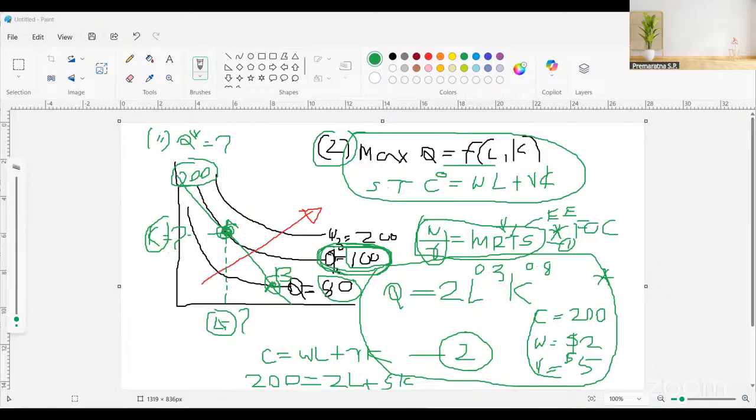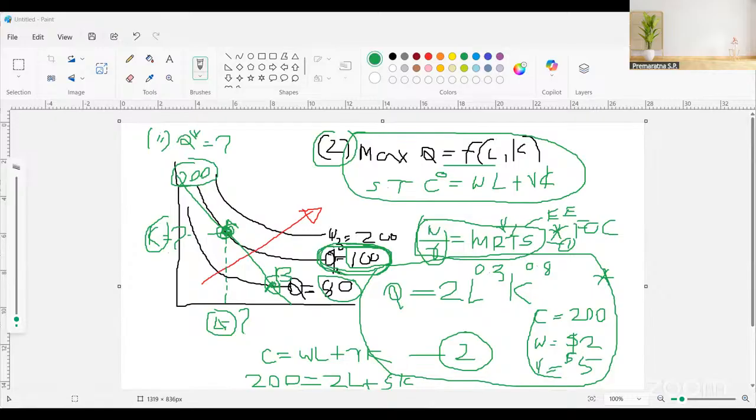Then you have to do the same calculation, use the W/R, MRTS, and that's the first equation. The second equation is with the new budget line. With this, you can sort it out.